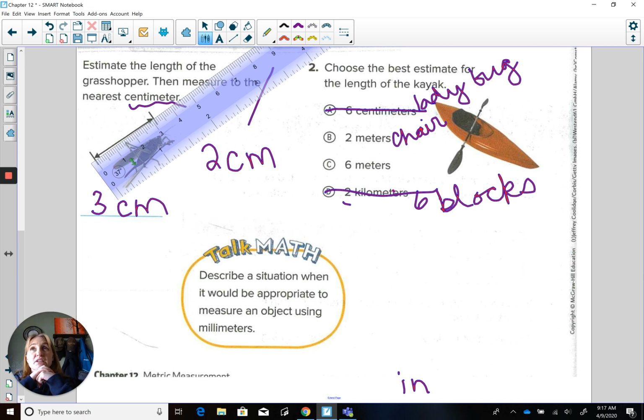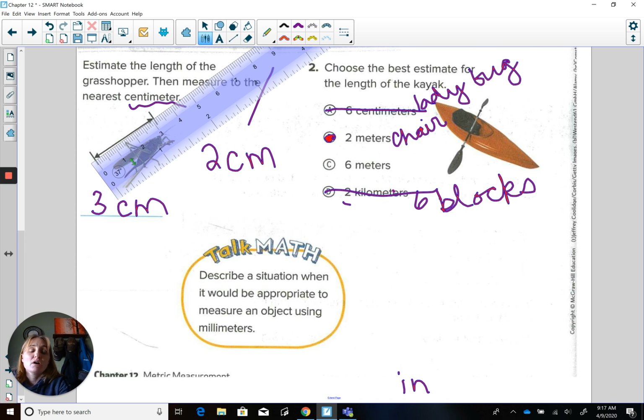Now, if I laid 6 chairs down, that's kind of long. I don't think I could pick something up like that. Even if it's made out of plastic, I would think it'd be pretty heavy and pretty awkward and probably would be longer than my car. So the best reasonable answer would be B.